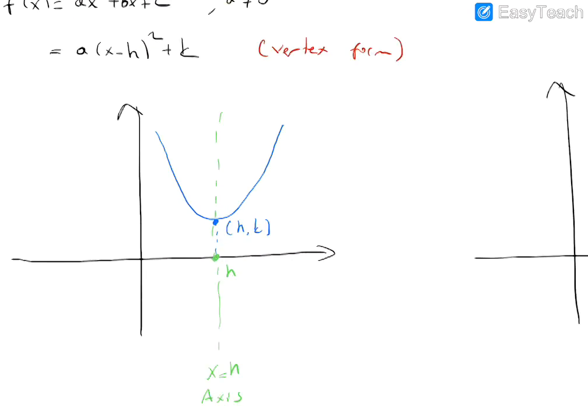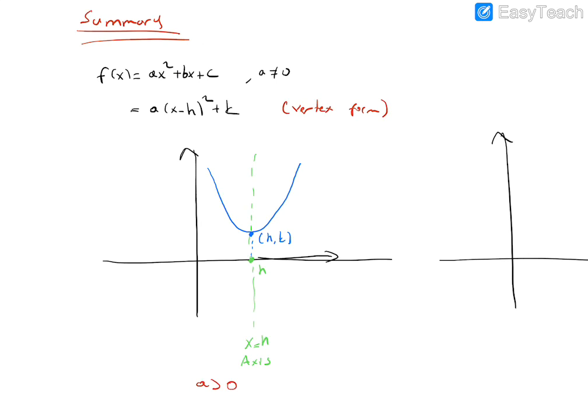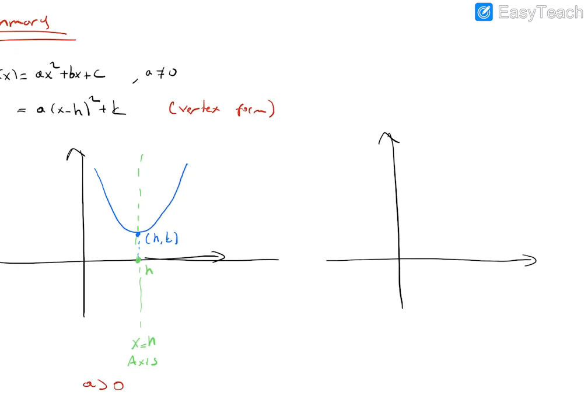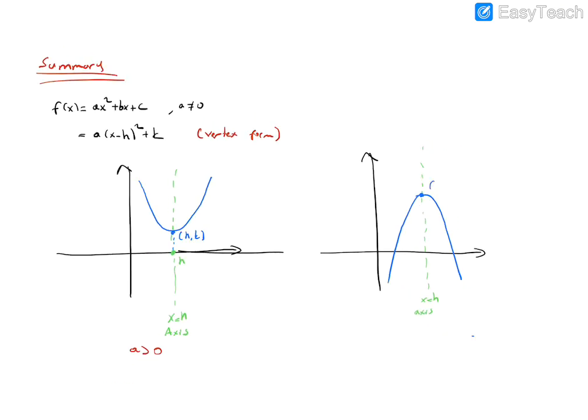So the graph looks like this one. And again, x equals h is the symmetry axis, and this point h, k is the vertex.